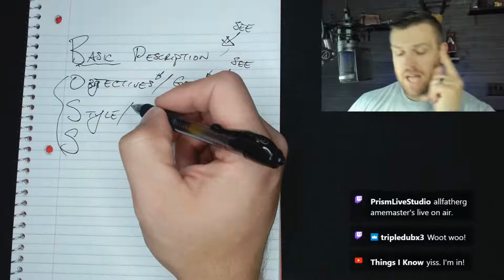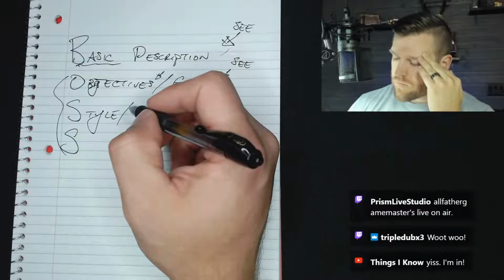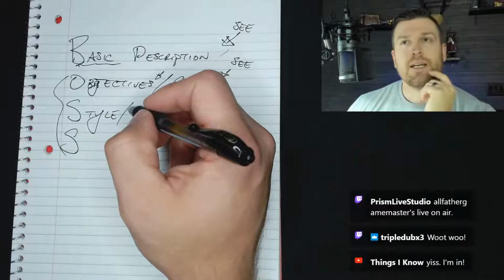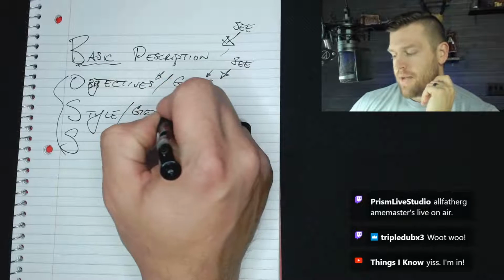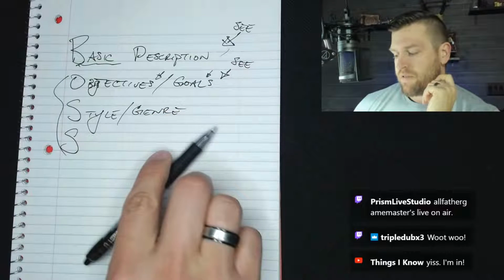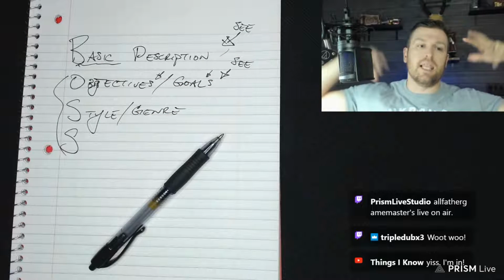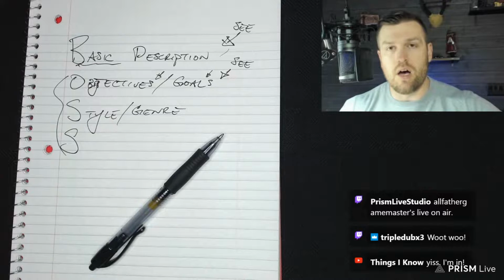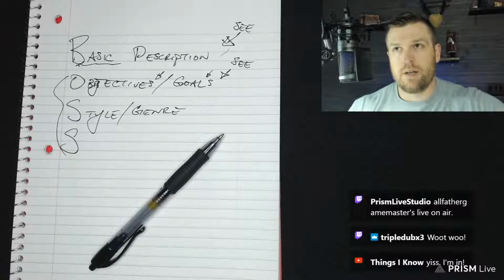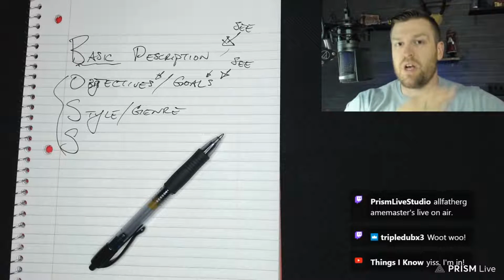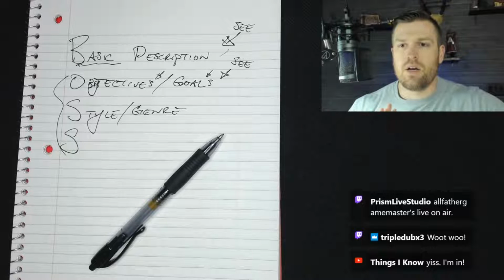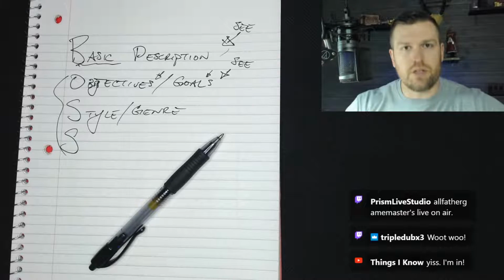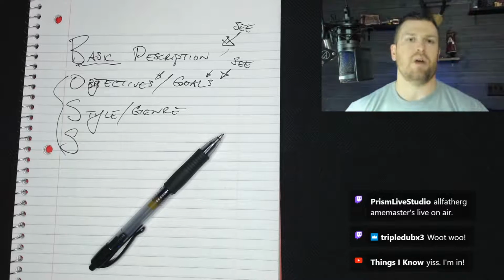The style is, I like to refer to it as a genre, I suppose. Most of my villains fall somewhere in the network of horror. There's some aspect of horror, even if it's light or on the thriller end of horror, that still fits into that box, right?